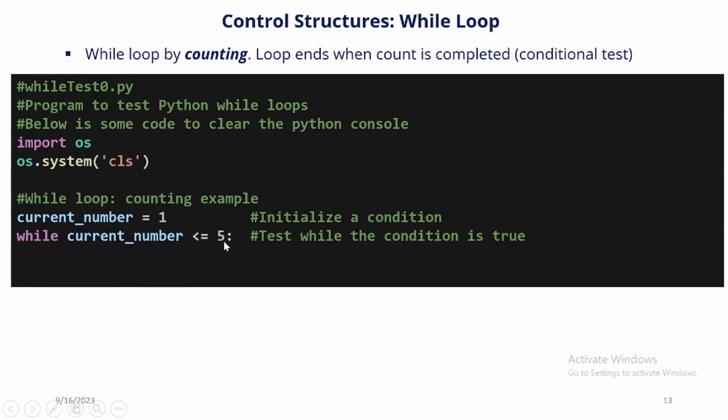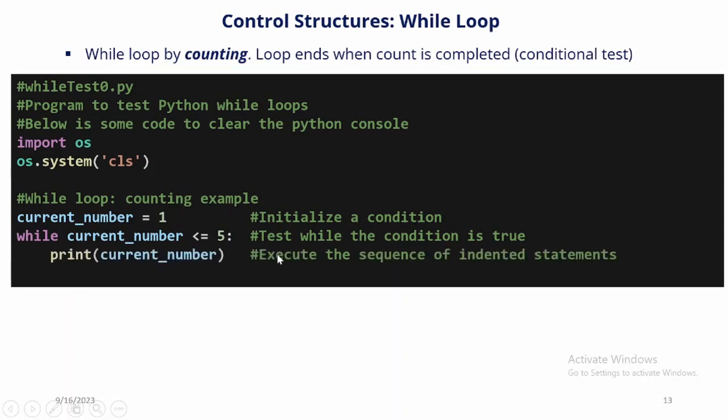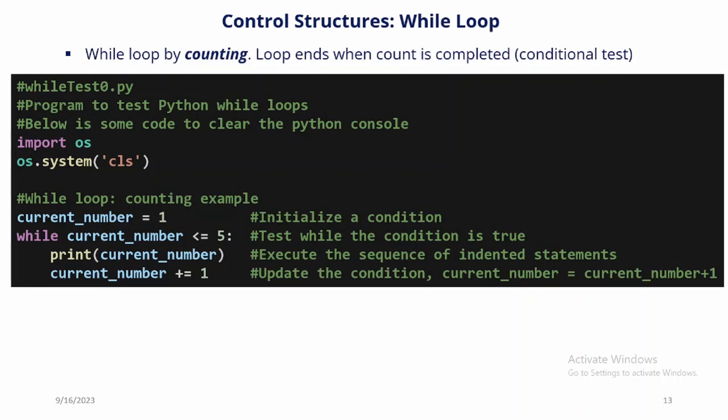You can see that the while line ends with a colon as usual. Every line of code that is indented under that is part of the while loop. So we say print current_number. Remember to update the condition. current_number += 1, which means we are adding 1 to current_number every time we run the loop.